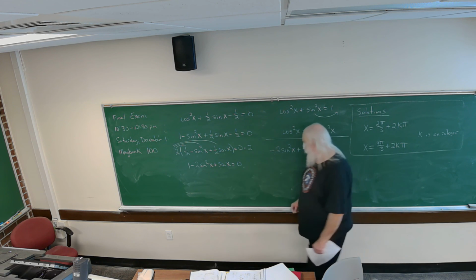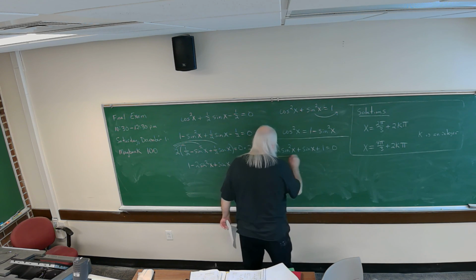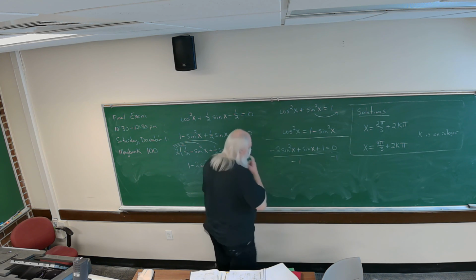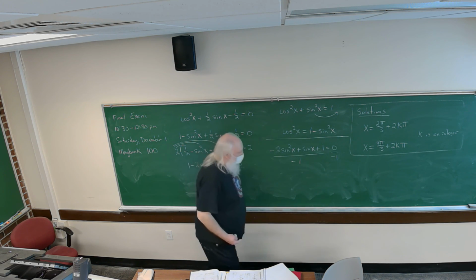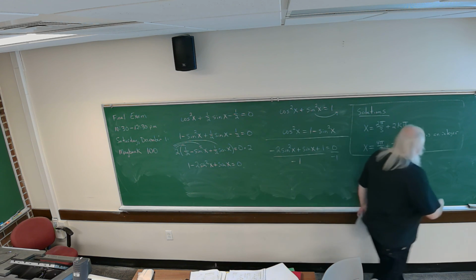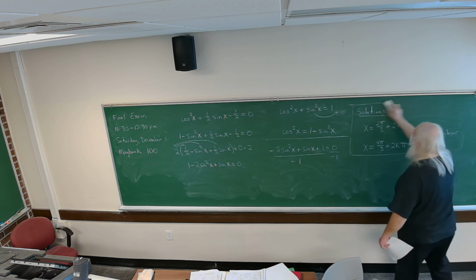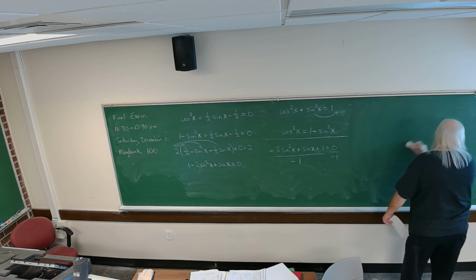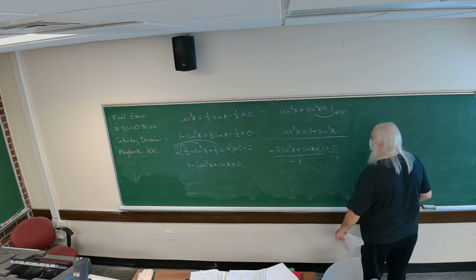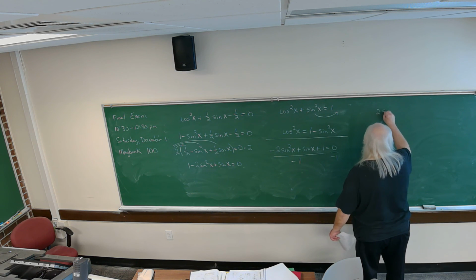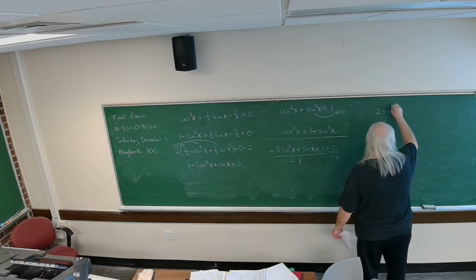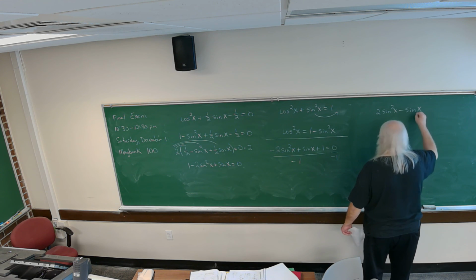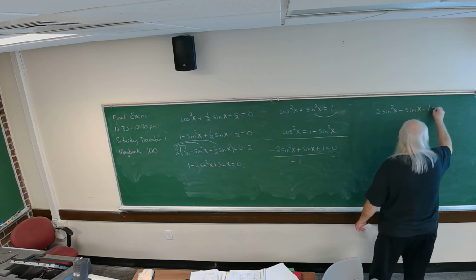So I like to divide both sides by minus 1 and change the sign of the coefficients, right? And so when we do that, we have 2 times the sine of x squared minus the sine of x minus 1 is equal to 0.